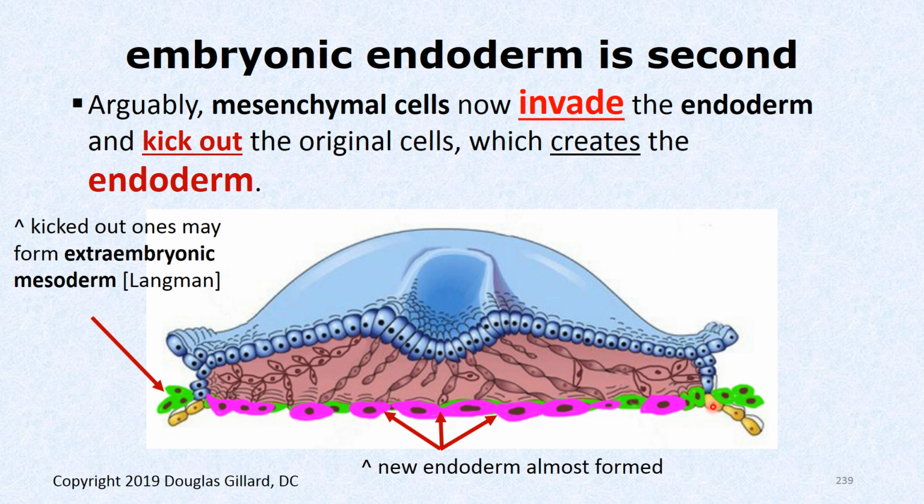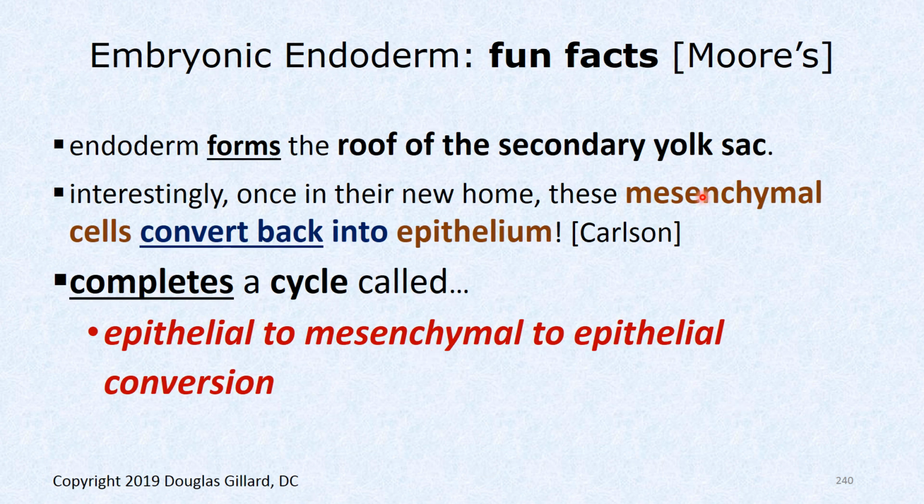Or remember there was some weird layer that came down that was unnamed. Those are probably those cells. Heuser's is probably one deep to that. If you don't know what I'm talking about, go back to my previous videos. So as we said, to make an endoderm cell, you have to complete the cycle of epithelial to mesenchymal to epithelial conversion. We kind of talked about that already.